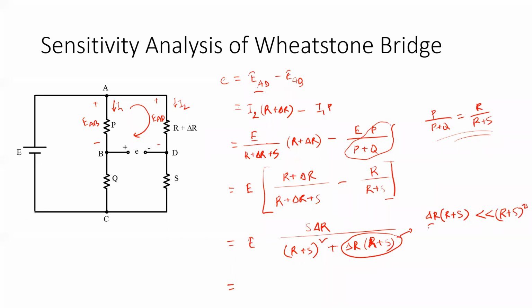Delta R is a small change, and if we multiply it with R plus S, it will not significantly increase the quantity; if it is a fractional value, it will decrease it, which will definitely be less than R plus S whole square. So we can ignore this term and simplify it to S into delta R divided by R plus S whole square.